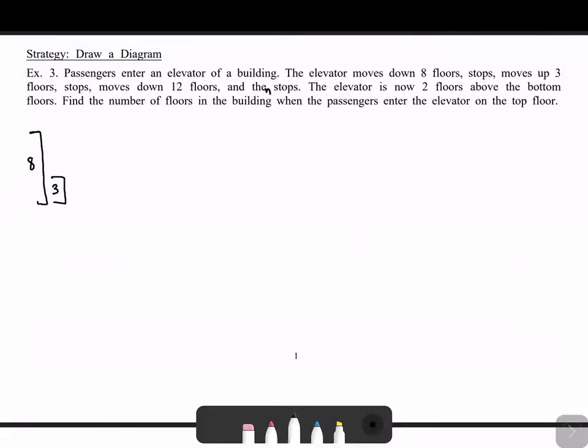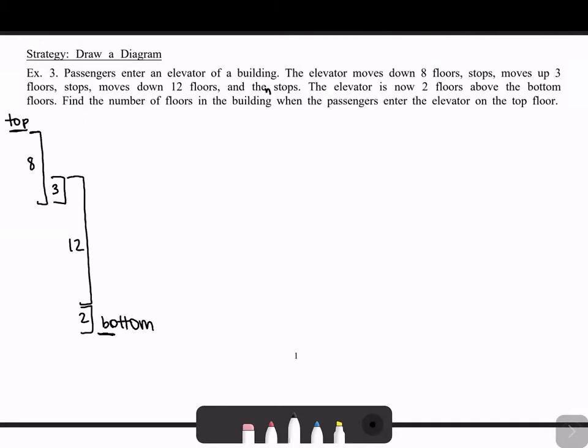Now after it moves 3 floors and stops, we have that it moves down 12 floors. And then it stops. So now we know that the elevator is 2 floors above the bottom. So right here is the bottom floor. And we know that the passengers entered the elevator over here on the top floor. So we want to know how many total floors there are in this building.